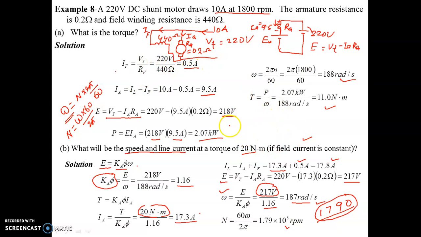So basically a DC shunt motor is a constant speed drive motor. In the shunt motor the speed is kept constant, because flux is constant, flux is not changing, so speed will not change. Earlier its speed was 1800 RPM. Now its speed is almost the same, 1790 RPM.